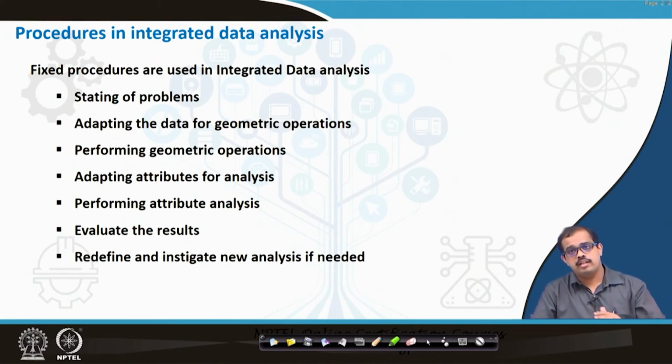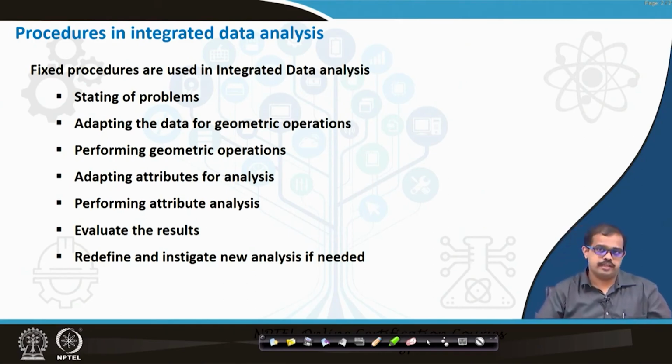What kind of data, how the geometric operations are done, what kind of operations have to be done, whether it is polygon on polygon, polygon on point, polygon on line. So, what kind of analysis are you trying to do, what kind of geometric operations would be done, and adapting attributes for each analysis, what attributes you need and how it is actually reflecting on the information.